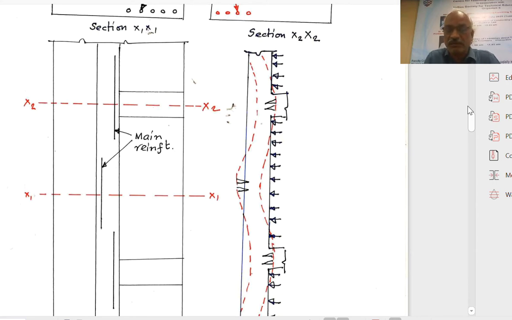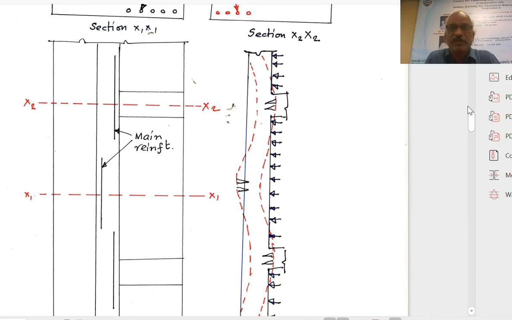The pressure acting from center to center of two counterforts, that is for a length of 1.5 meter on either side, will try to cause a separation between the counterfort and the upright slab.